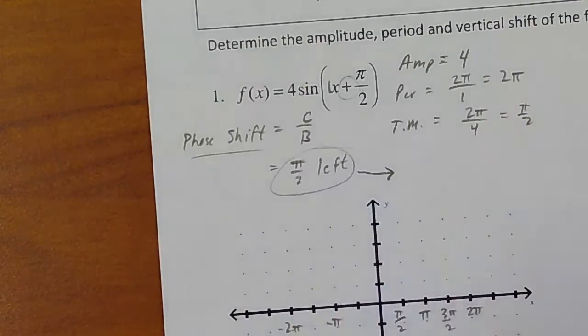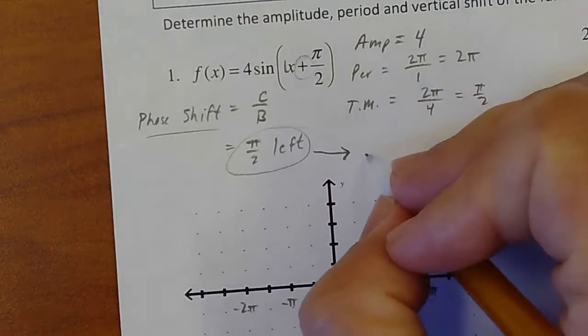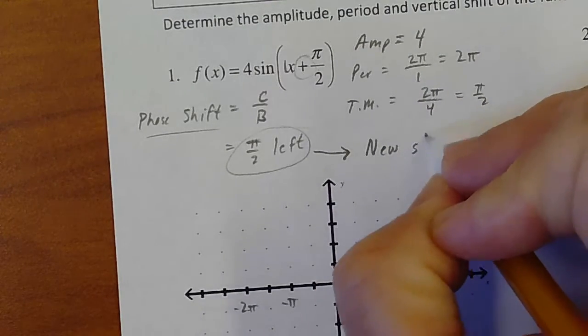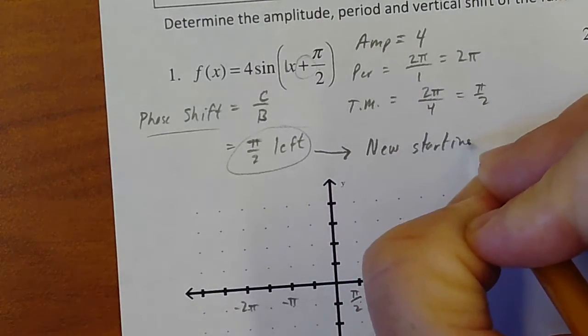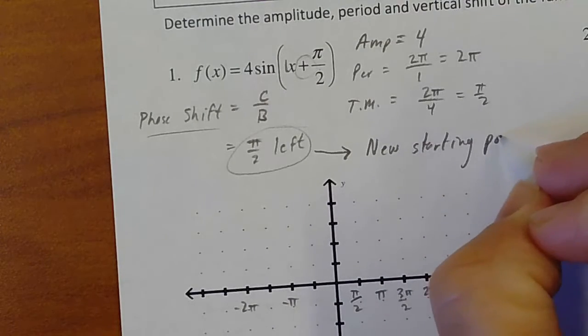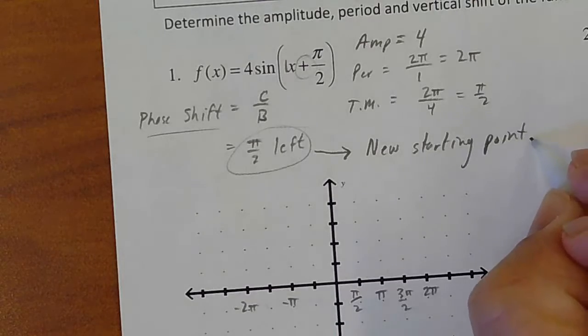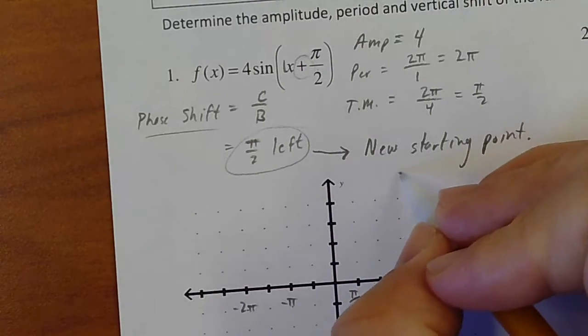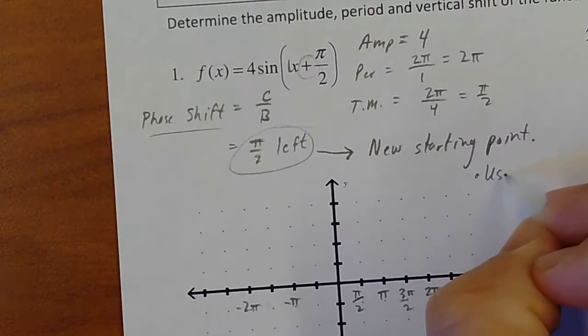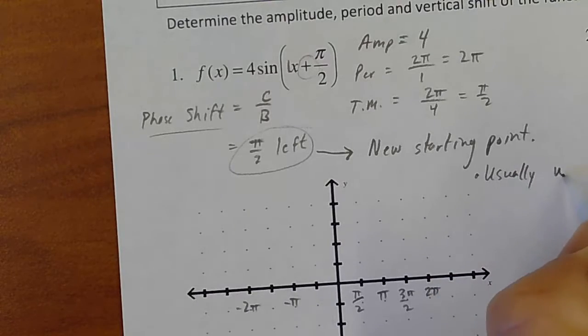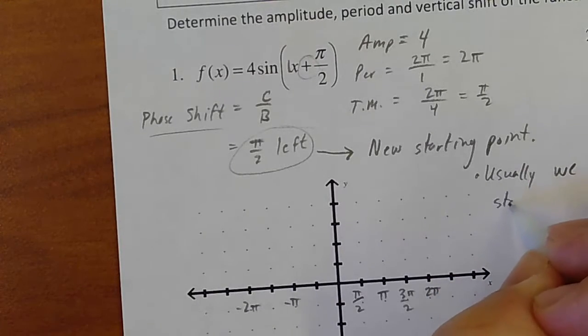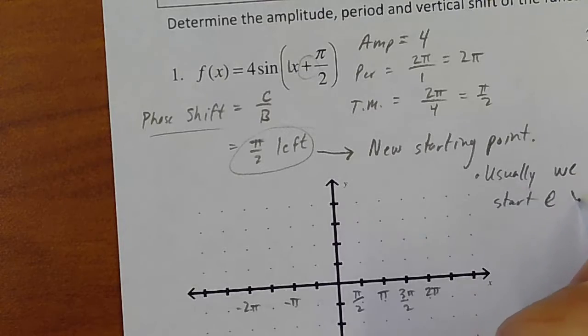So let's make sure we take some good notes on this first one. This kind of creates a new starting point. Just know that usually we start at x equals 0, right?